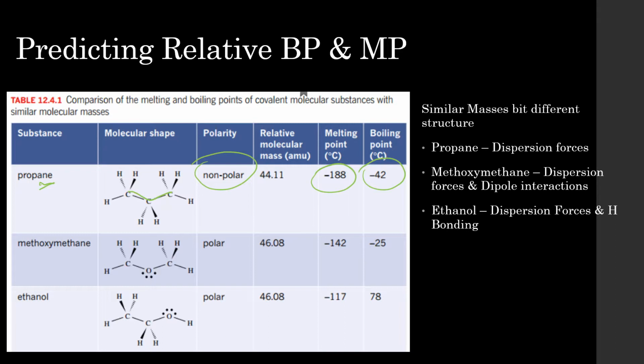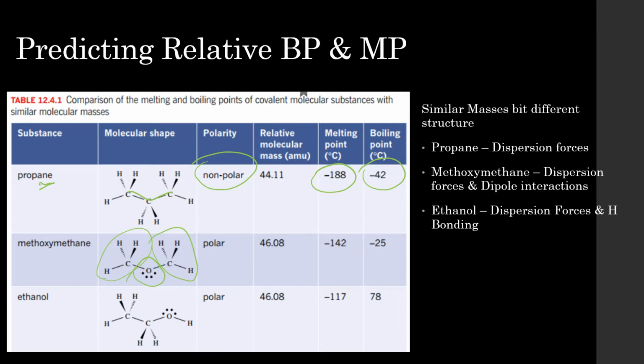Now, the next one is methoxymethane. So we've got this oxygen in the middle, and we've got a couple of CH3s joined to it, essentially. So we've got a methyl group, which is like a methane, and we've got a methane. So it's 2 methane molecules, but you pull off the hydrogen atoms and join them with an oxygen just to get that one.